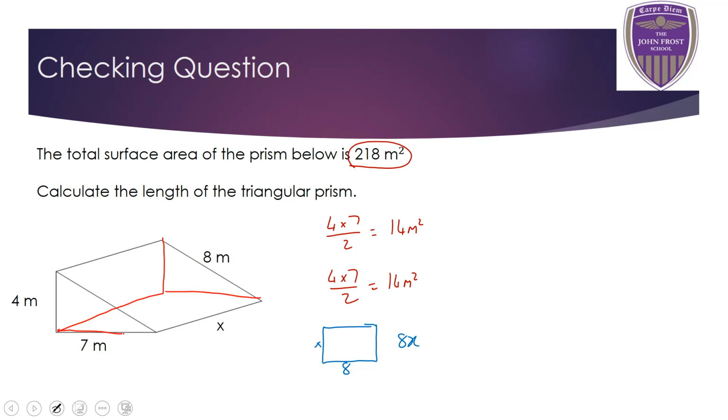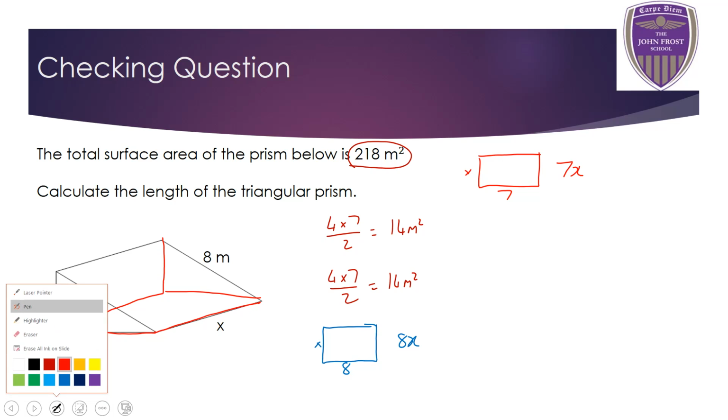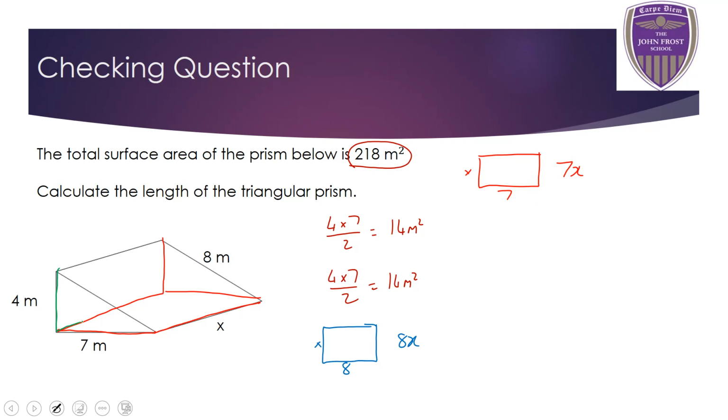Well, the base will be that 7 multiplied by the x. So the next one we've got is 7 times x, which is an area of 7x. And finally, we've got this final side here, which is the one around the back here. Okay, so there's a rectangular face there. It's 4, and this side here is x. So the last one we've got here is 4 times the x, which is 4x.